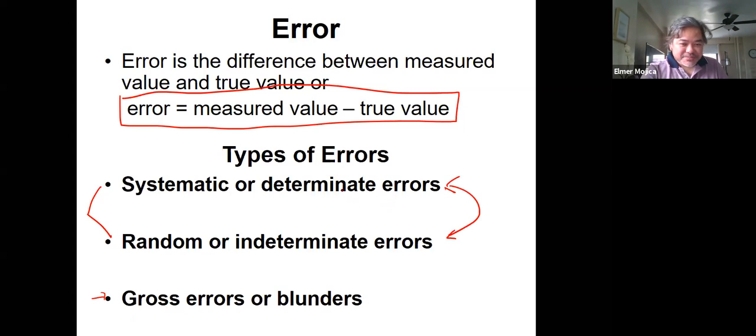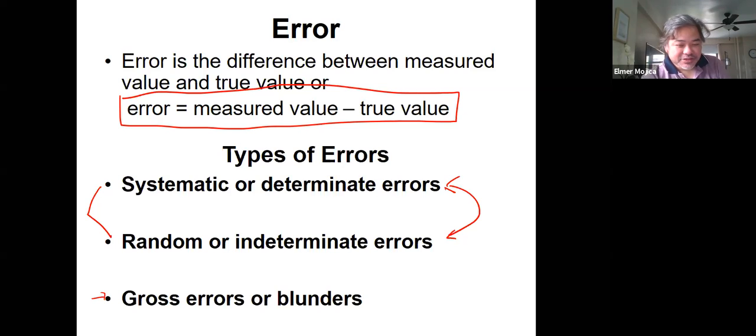When we have a systematic error, usually this is always off in one direction. Random or indeterminate, on the other hand, is equally likely in any direction.